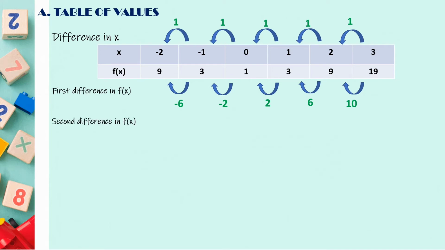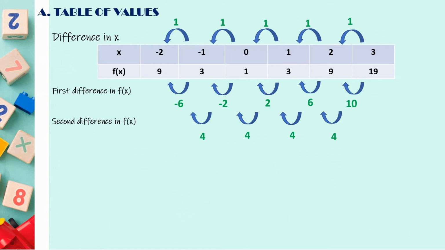So, let's get the second difference in f of x. 10 minus 6 is 4. 6 minus 2 is 4. 2 minus negative 2 is 4, and negative 2 minus negative 6 is equal to 4. Now, the second difference in f of x are equal.